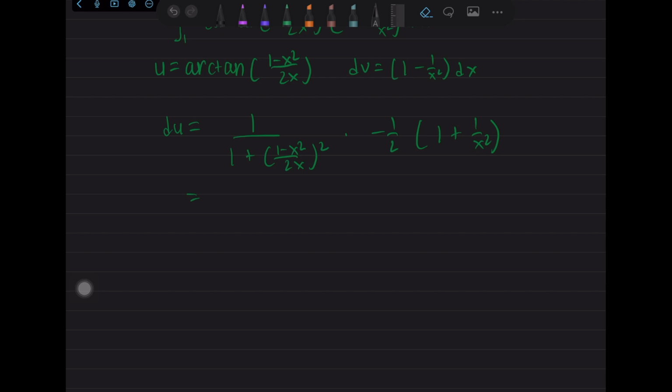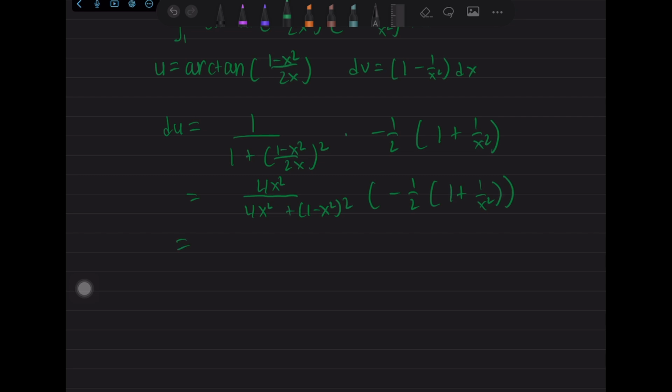We can multiply this whole thing on both sides by 2x squared. That's the same as 4x squared. So we'll do that. On both sides by 4x squared plus 1 minus x squared minus, all of this times minus 1 over 2, 1 plus 1 over x squared.